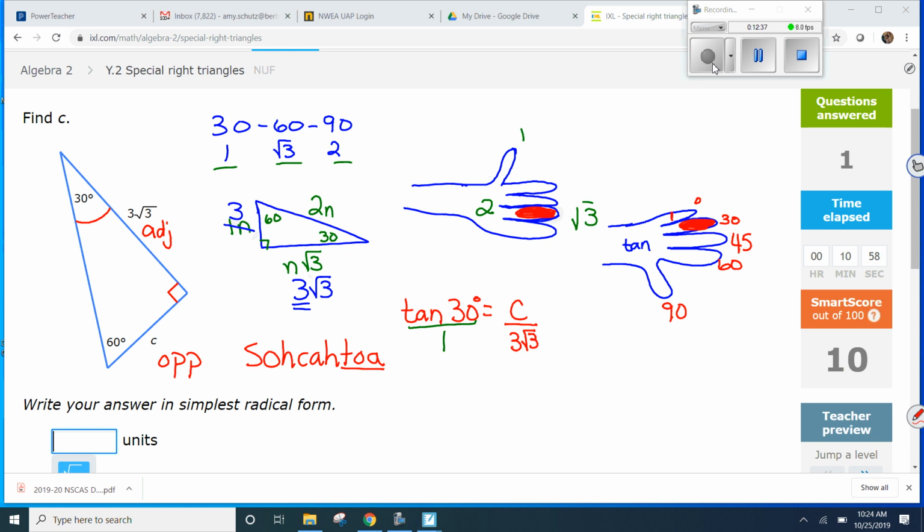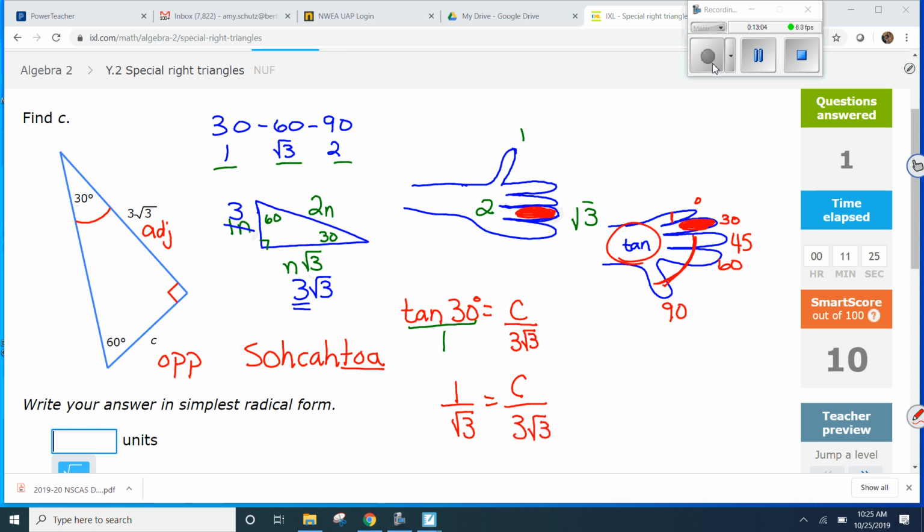You have 1 finger right here, so the tangent of 30 is 1 over the square root of 1, which is 1. And then you have 3 fingers here, so it's 1 over radical 3. The denominator is not from anything that's right here, it's just your fingers. So it's 1 over radical 3, and that's equal to C over 3 radical 3.